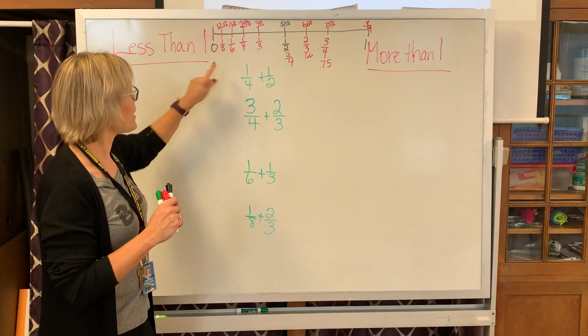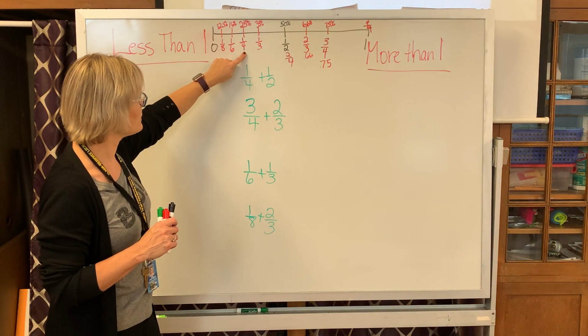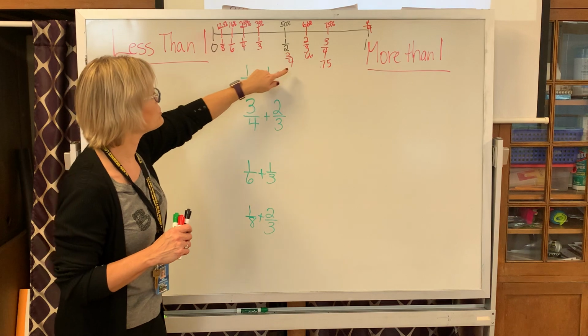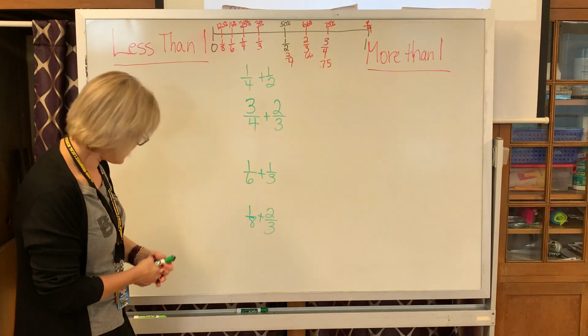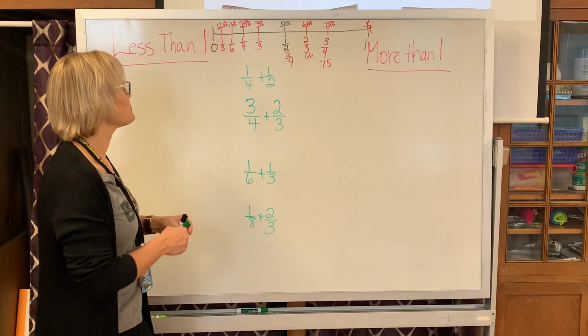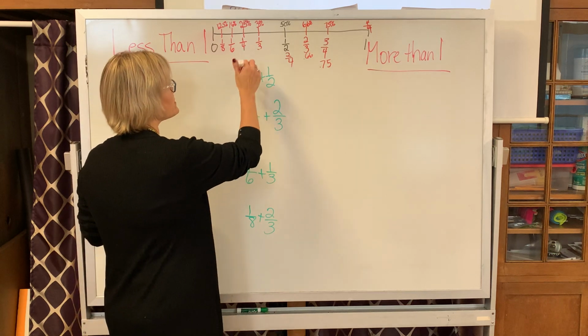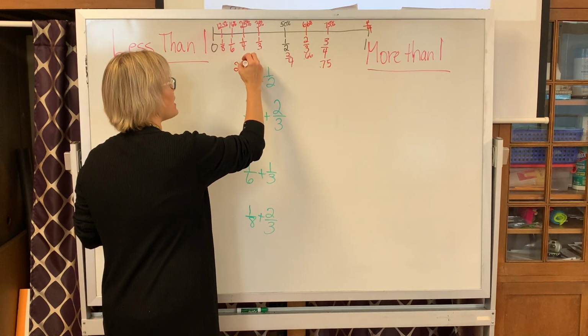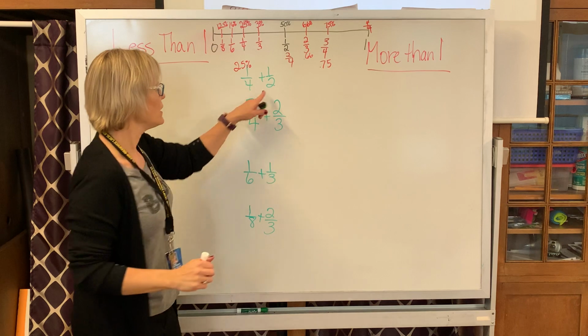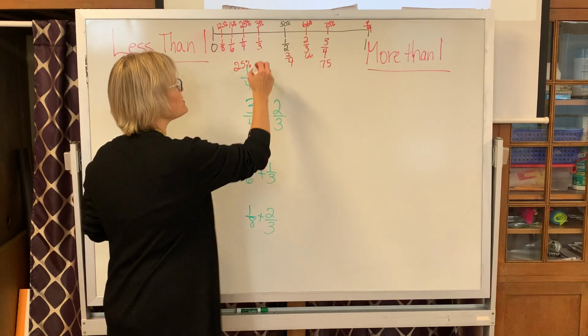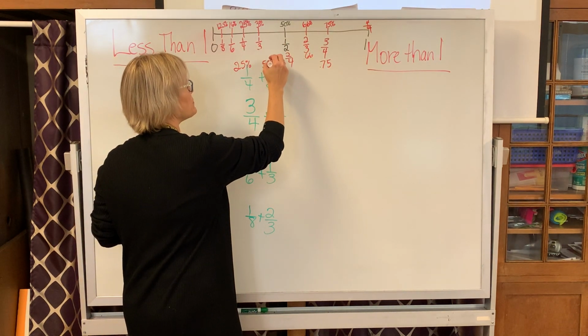All right, so I'm going to use this number line in order to figure that out. Okay, so I've got 1/4, which is right here, and 1/2, which is right here. So I can go ahead and take a look at that and say, okay, well, 1/4 is the same as 25%. I've got 1/2, which is the same as 50%.